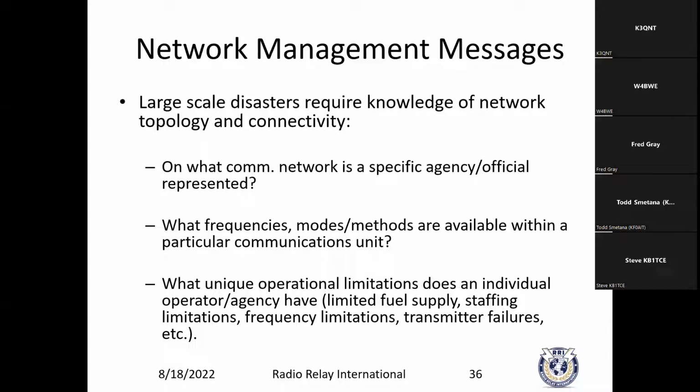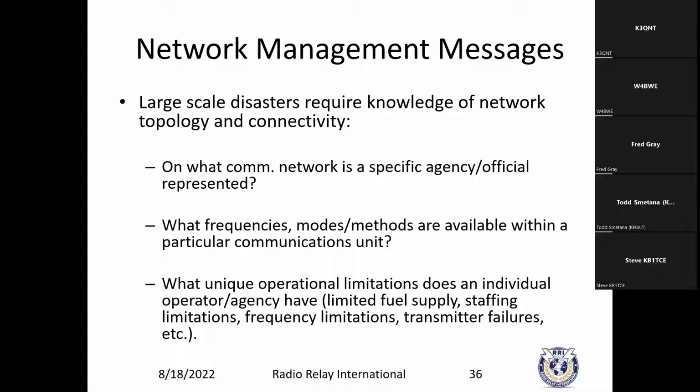Furthermore, today we call these operational readiness messages, but each participating radio operator was required to originate an operational readiness message. Essentially what we did is we assigned a network coordinator.